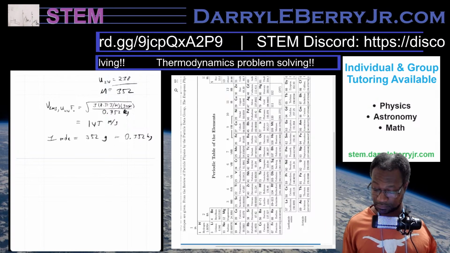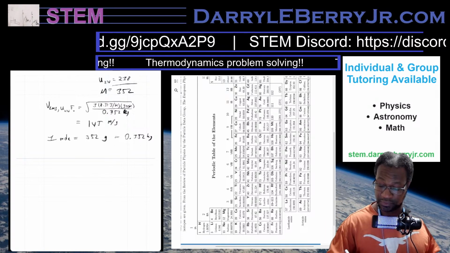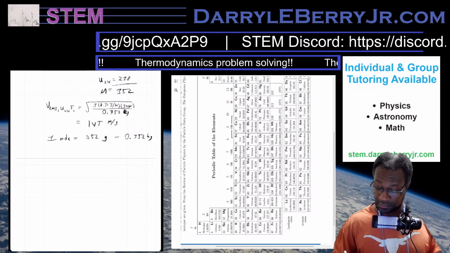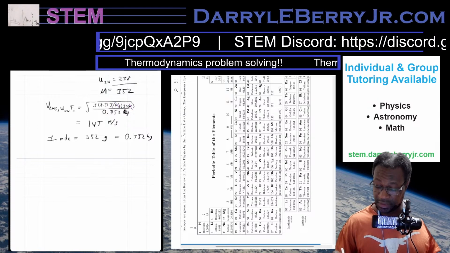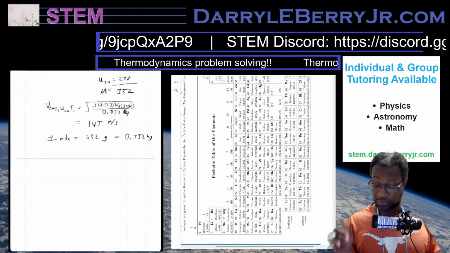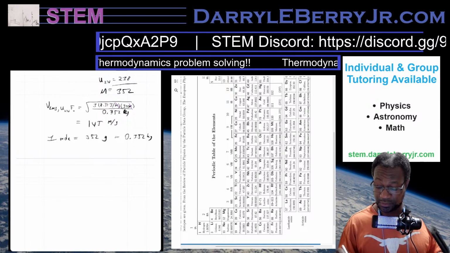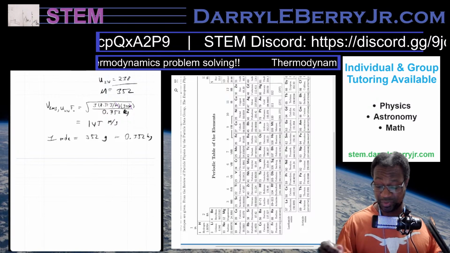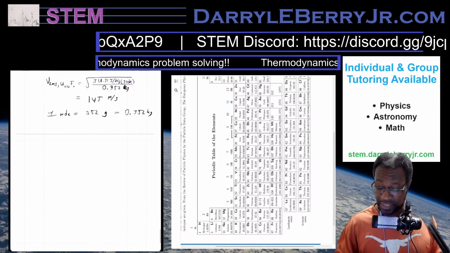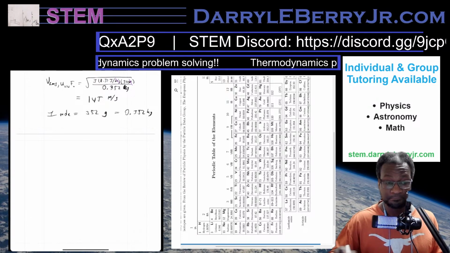Right? We have K, it's canceling K. Joules is kilograms meters squared over second squared. So the kilograms cancels out. We have meters squared over second squared. The square root of that is meters over second. So that's that.